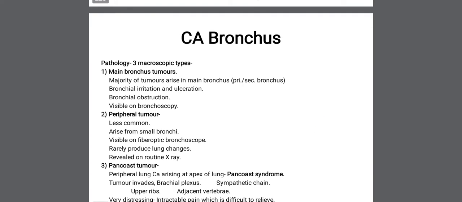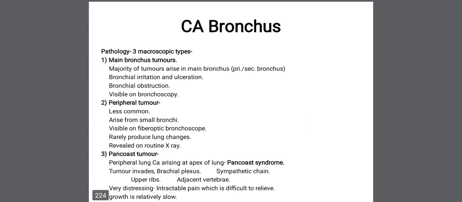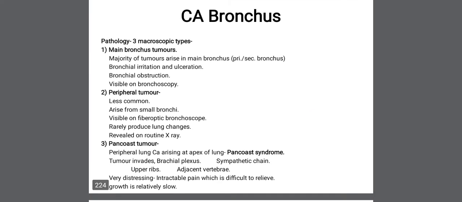Whenever there is bronchial irritation, that will lead to bronchial ulceration, and because of the ulceration there will be bronchial obstruction. How does the pathology grow?